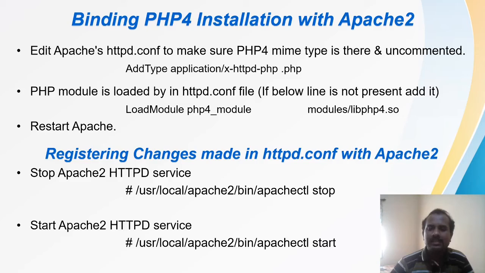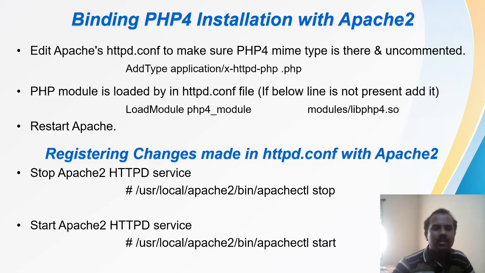If it is commented, then remove the comment, or if the particular line, that is AddType application/x-httpd-php .php, is not present, then add that. It will be there in the httpd.conf file. If it is commented, then uncomment it. If you are not able to see that, then add that line.